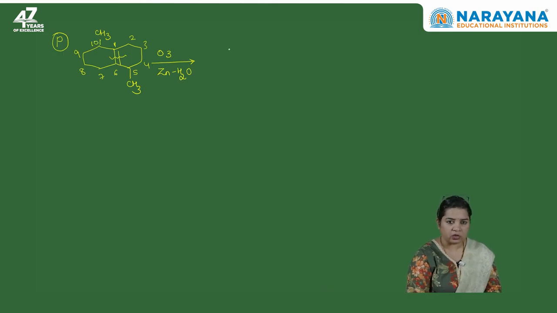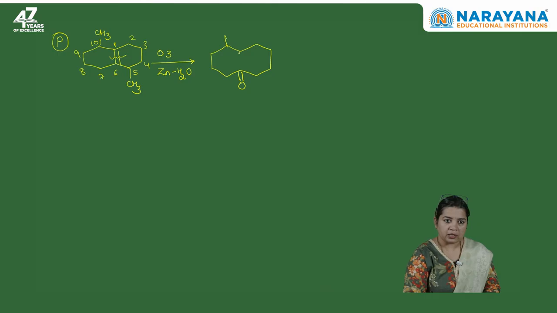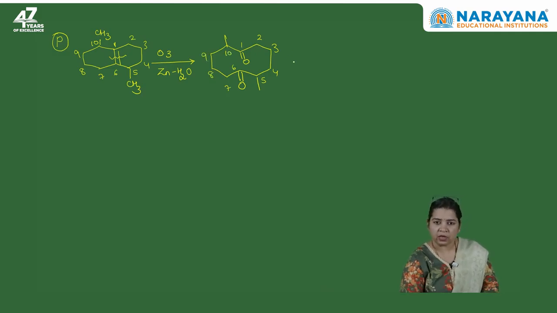So when this structure opens, excuse me for the incorrect representation, but to continue with more accuracy, I will prefer this type of representation, right? Let me repeat the positions: 1 to 10. This is after ozonolysis.